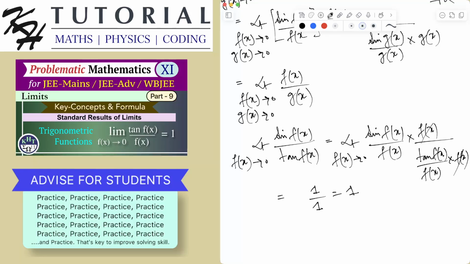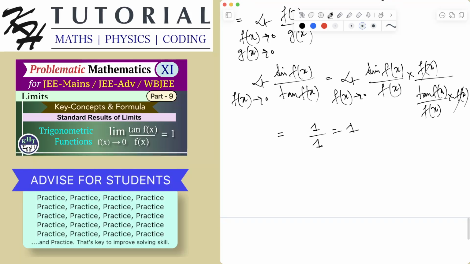Okay. Now this could also be something like this. Limit f(x) tending to 0, g(x) tending to 0, and we have sine of f(x) divided by tan of g(x). Again, the basic technique is the same.